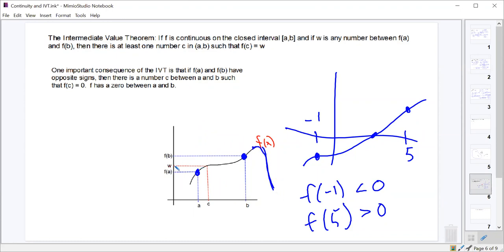And if I picked this W value, I could get it at C, which is between A and B, or I could get it over here, because I'm hitting W there also. But it's saying that I could get it from some value between A and B. Everybody good? Any questions on that?